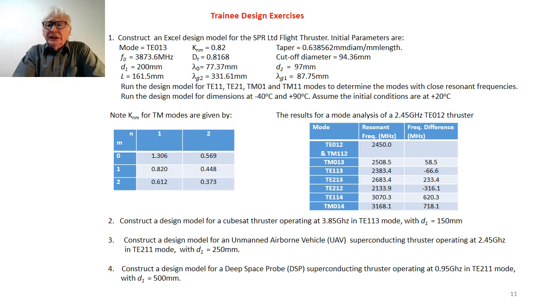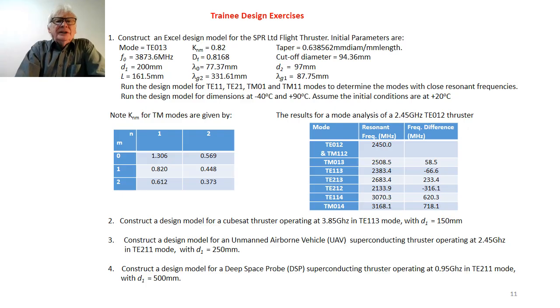So now it's over to you guys to start doing your own designs and start doing some work yourselves. What I suggest you do is, as a first design exercise, take the design model for the SPR limited flight thruster that we've gone through in excruciating detail up to now.